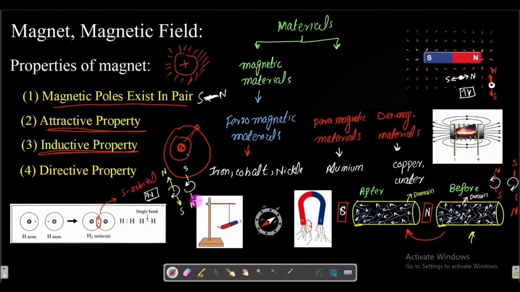This north and south will attract each other, and due to the attraction between the magnetic fields, these electrons will exist in the same region. So this was the brief explanation about the topics mentioned here.